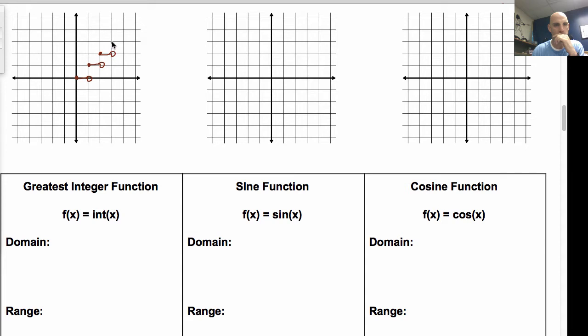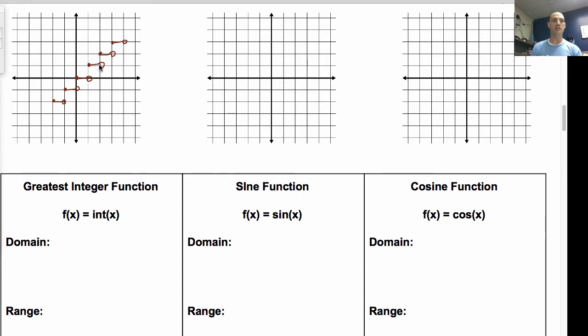Well, we've got a bunch of jump discontinuities here. And so these jump discontinuities tell us that, let's say I'm in the interval from 0 to 1. The greatest integer less than or equal to, let's say, 0.5 is 0. And so all of these things are 0 here. But when I get to 1, the greatest integer less than or equal to 1 is 1.